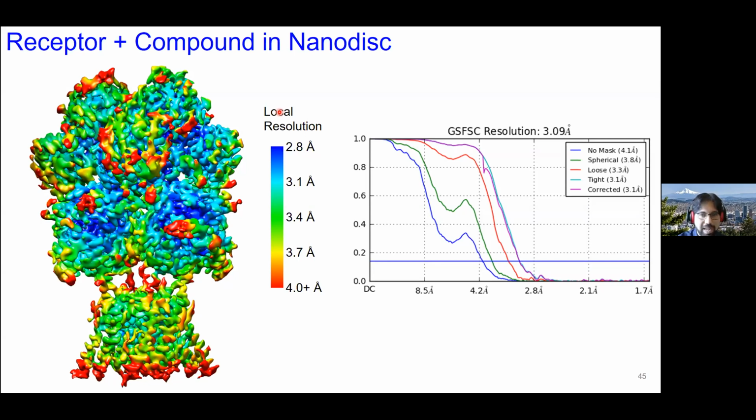But for transmembrane proteins, if most of the transmembrane domain is buried in the detergent micelle, it seems like 3D classification would be the better way to go, because 2D classification might not be able to give you the features very easily.